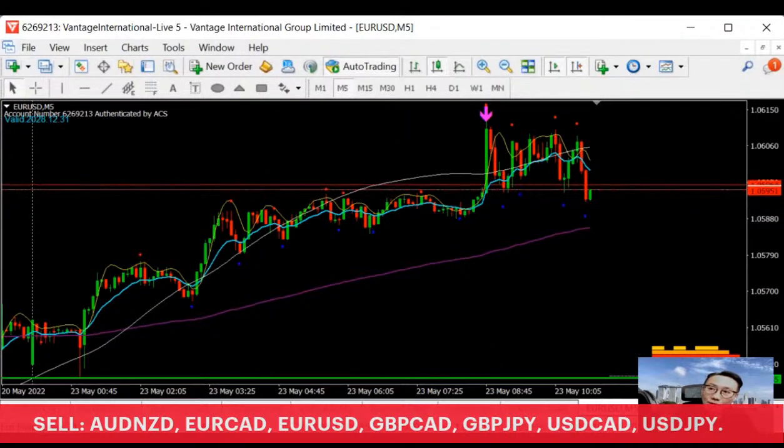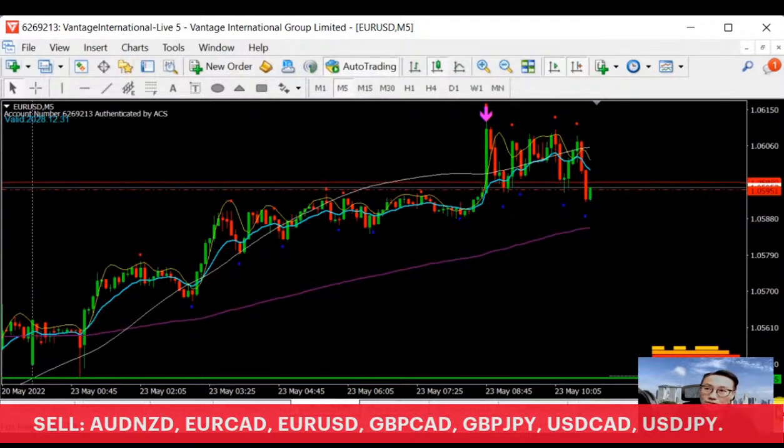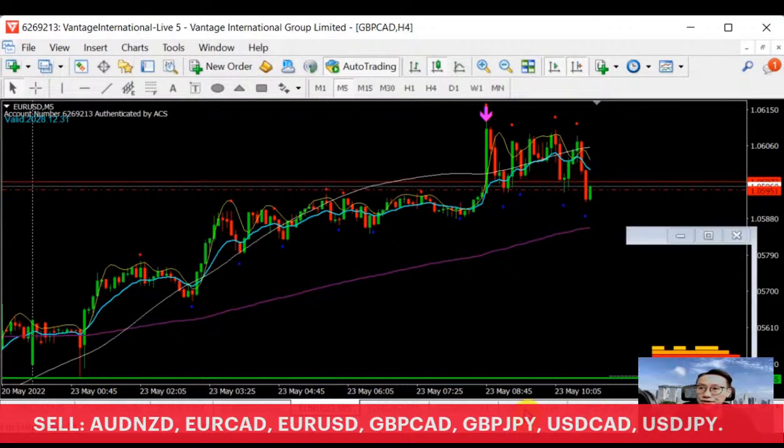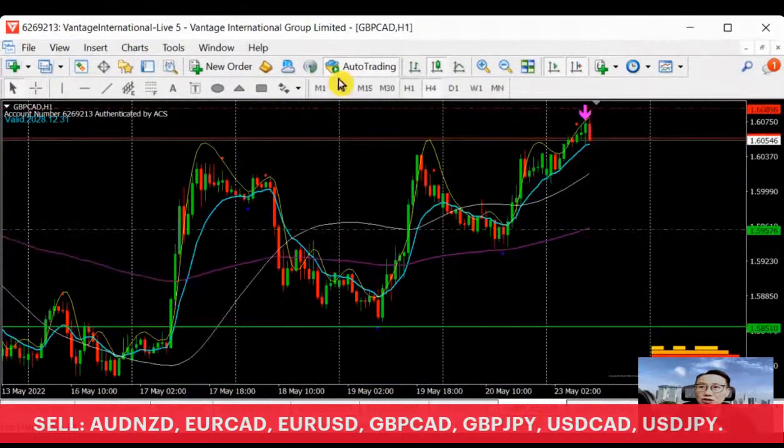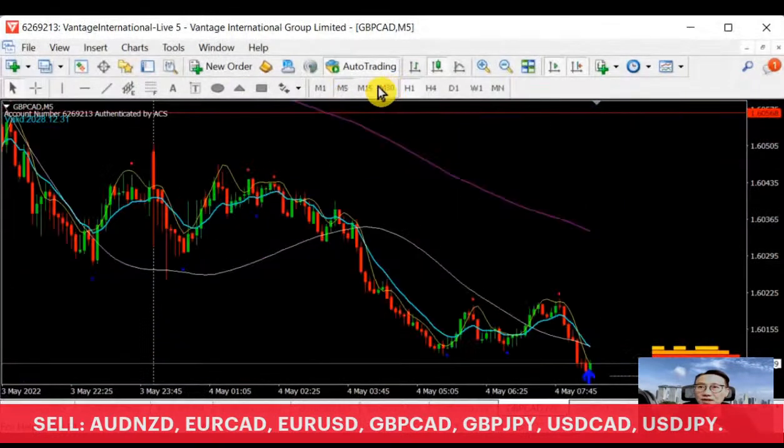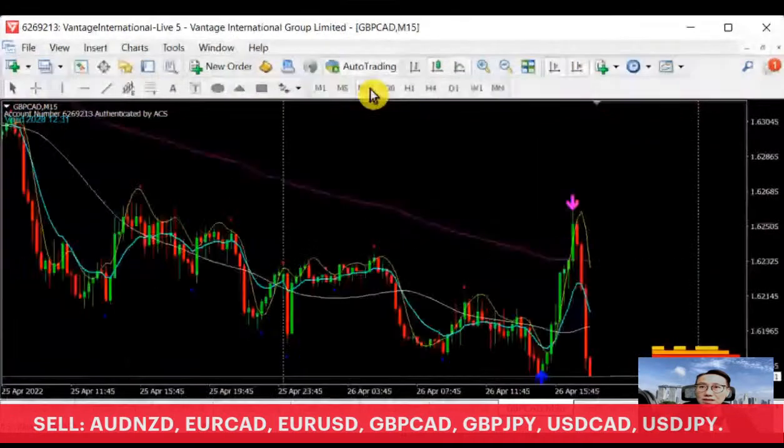So how about pound CAD? As you can see now it's retracing upwards. That's good, very, very good. So just pay attention to Euro dollar. Pound CAD is actually doing well. What we are looking at is selling.